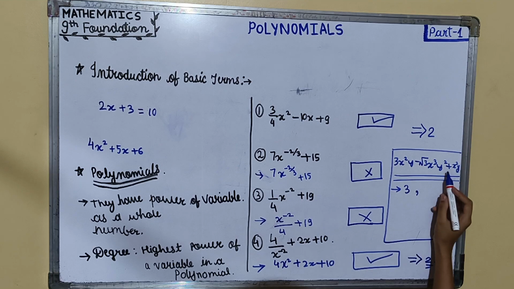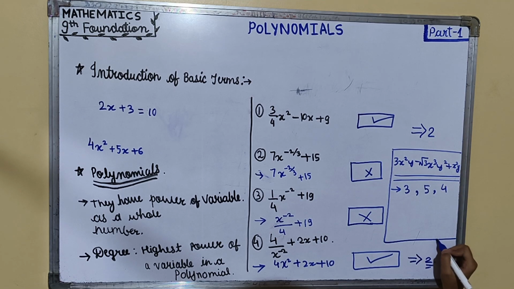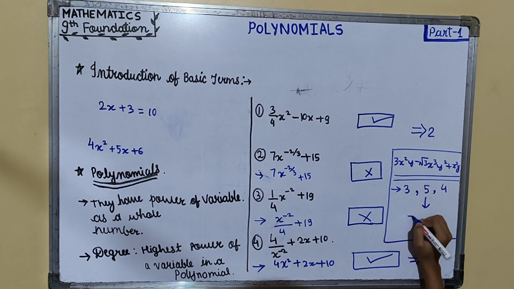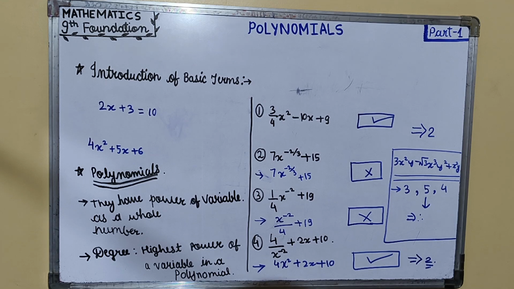So 3 plus 2 we will get 5. And over here x cube y means power of x is 3 and power of y is 1. 3 plus 1 we will get 4. Over here we can see clearly that 5 is the highest power, so therefore the degree of this whole expression will be 5. This would not be a polynomial.